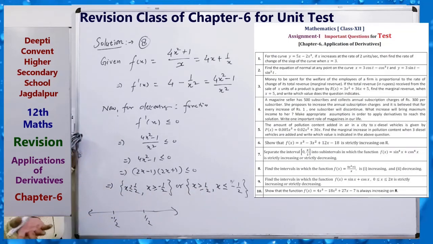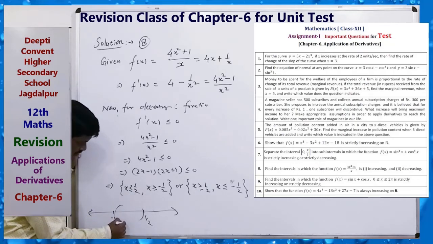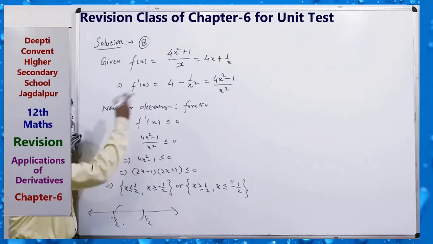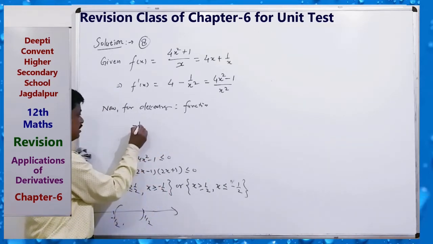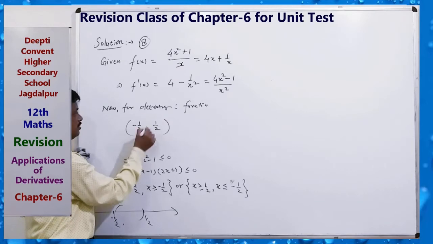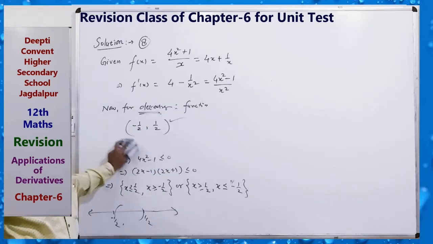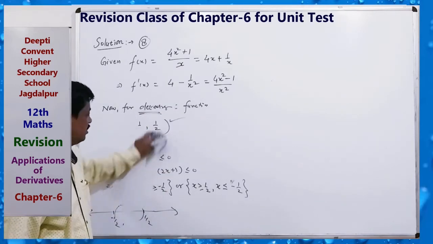So there is no common part, so it gives nothing. It gives only this part, that is, in between, the interval is decreasing. What part? Minus half to plus half, decreasing. Okay, these are the interval separations.